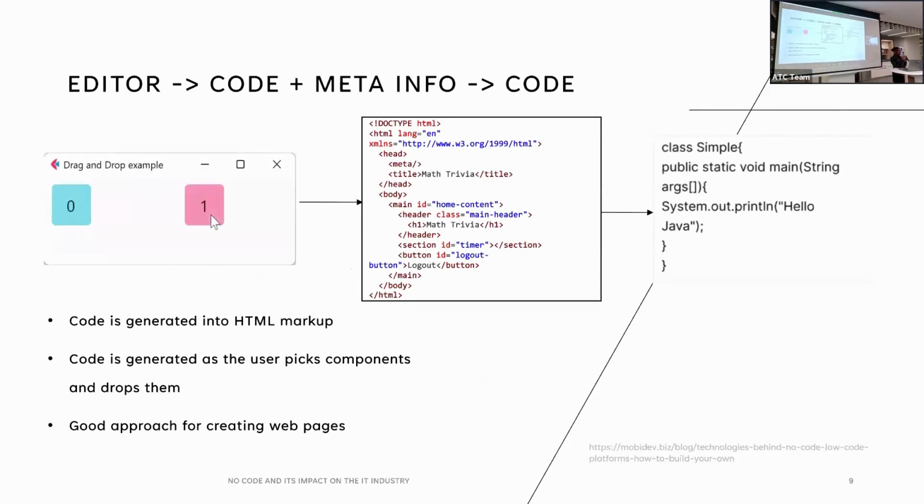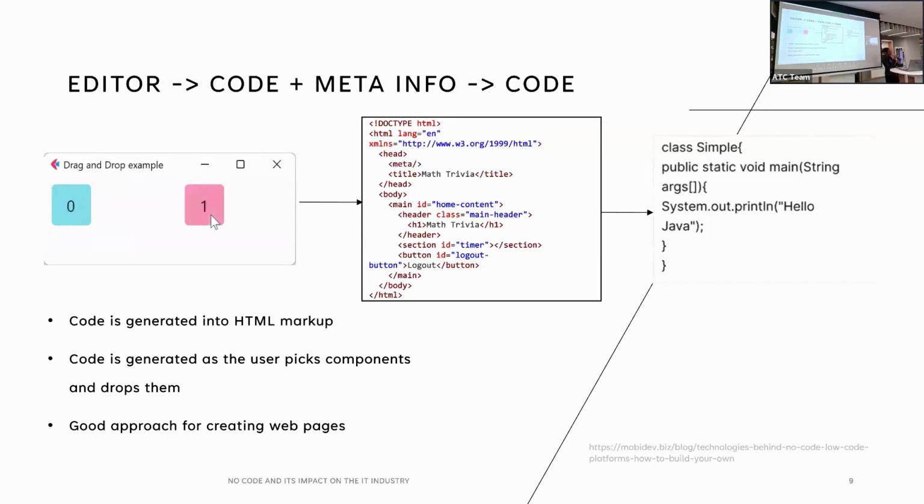So with the editor, that is the drag and drop interface where you can create these applications. And then for the UI transformation, when you drag and drop a component, an HTML page or an HTML code is generated, and it is also edited when you change properties of these components.